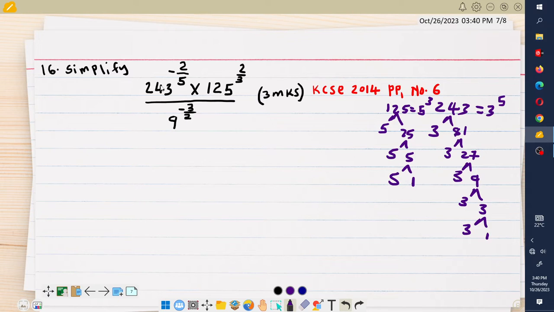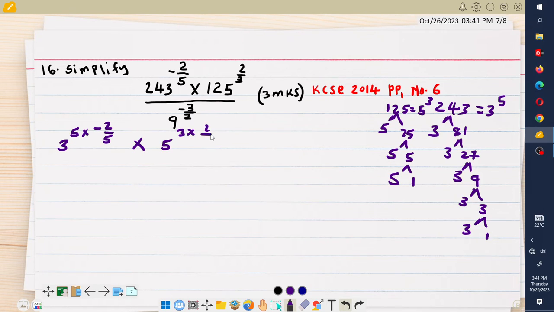So on substituting, 243 is 3 to the power of 5. Then on the power I had negative 2 over 5. Then I multiply with 125 which is 5 to the power of 3, then I had 2 over 3.